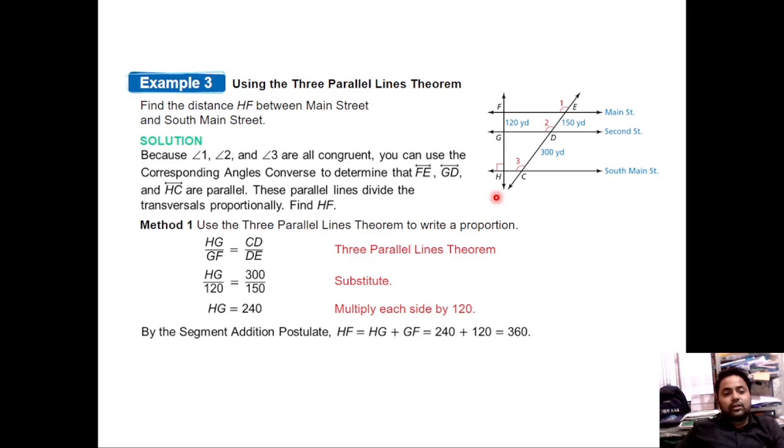So HG is equal to 240, and now HF is equal to 240 plus 120, which is 360. So by the three parallel lines theorem, we can find the value of HF, which is equal to 360. So the distance between Main Street and South Main Street is 360 yards.